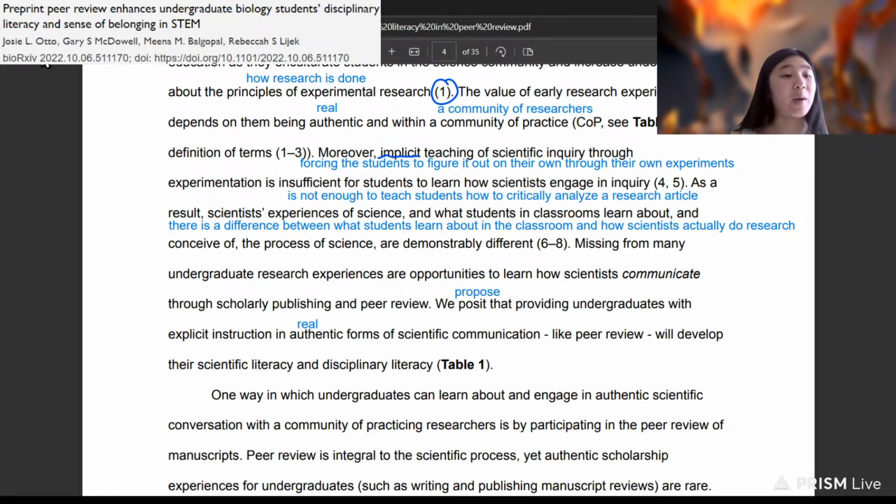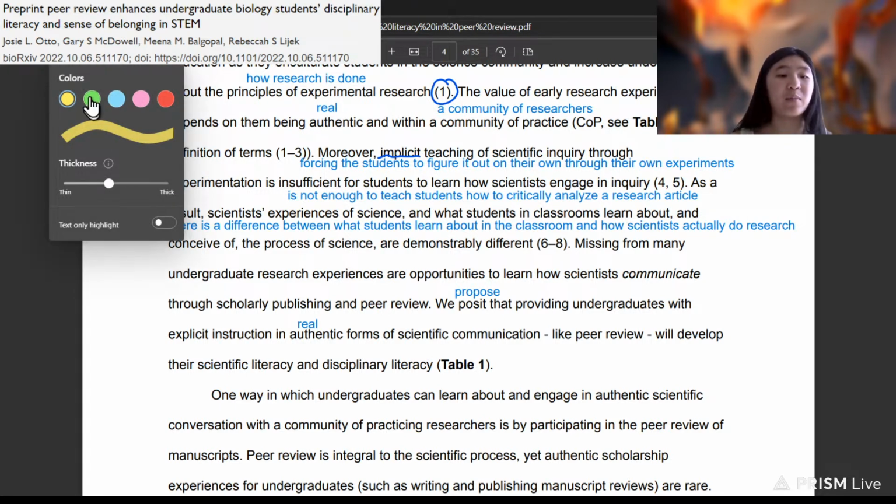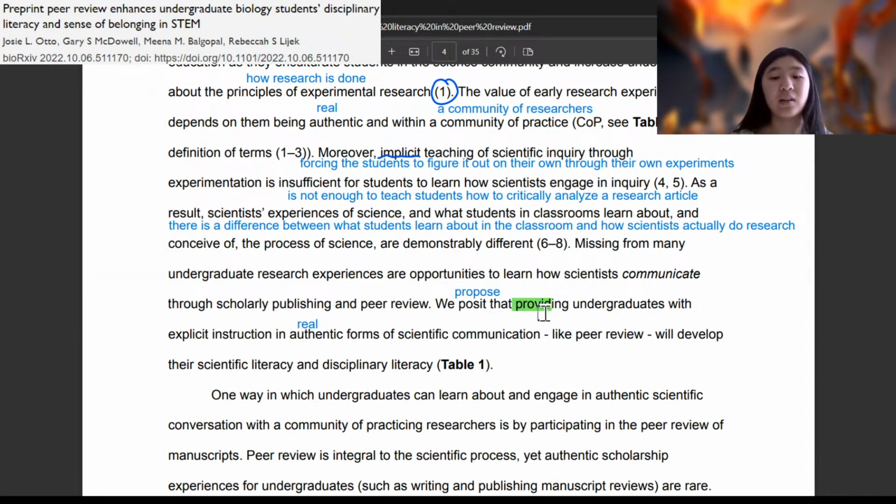So, the hypothesis or the claim that this research paper is making is that by providing undergraduate college students with direct instruction about how to peer review will help them develop their scientific skills.